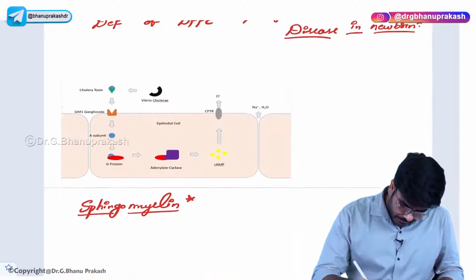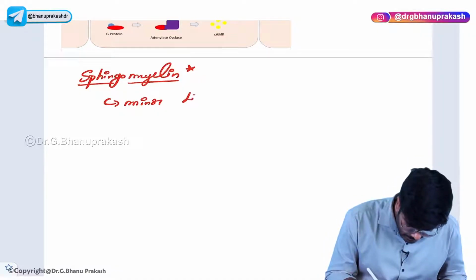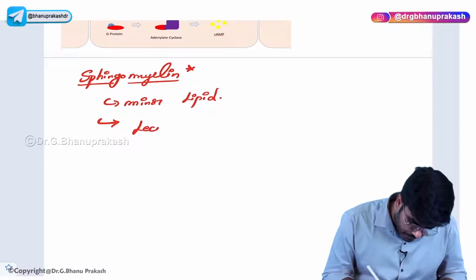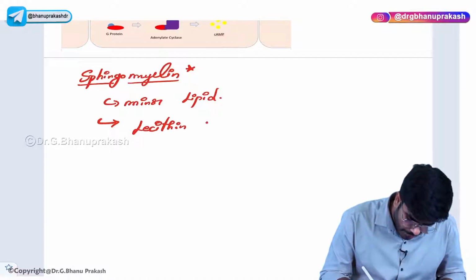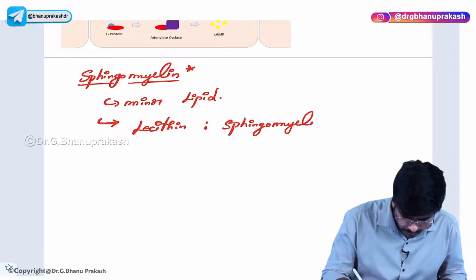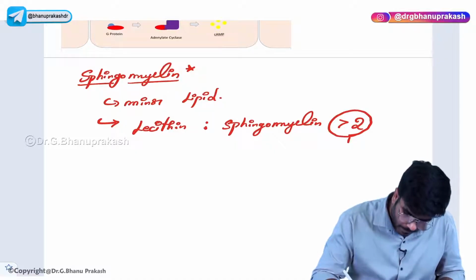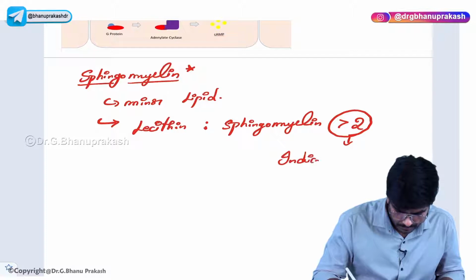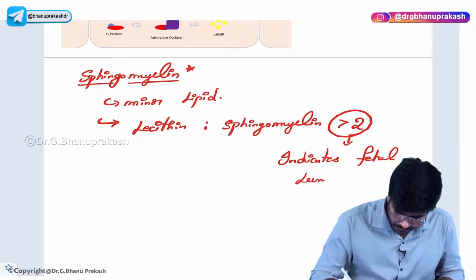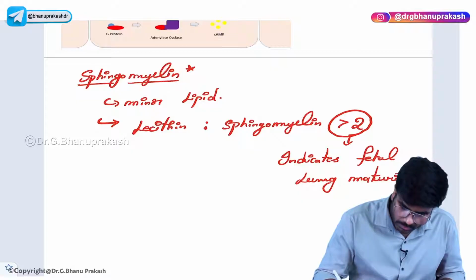Yes, it's a minor lipid. And one more important point is lecithin sphingomyelin ratio greater than 2 indicates fetal lung maturity. This is a very important point which you need to know.